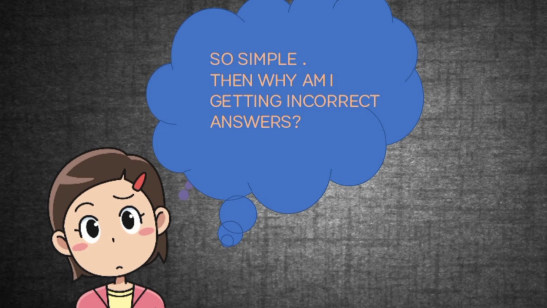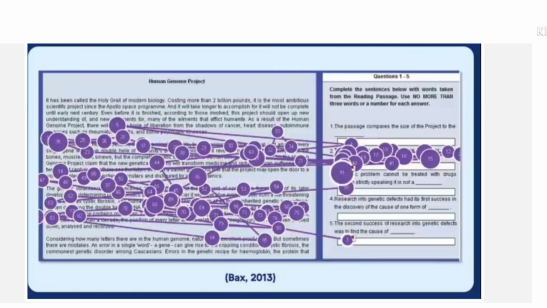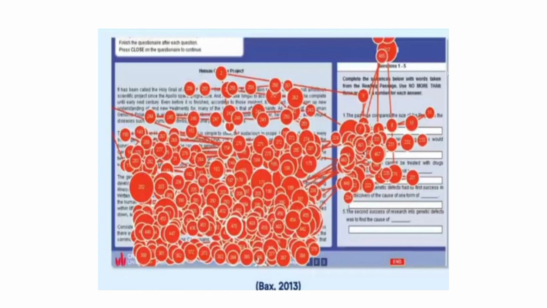If everything is so simple like this, then why am I getting wrong answers? Are you thinking like this? Then your problem is you will be searching for answers everywhere. Here in this slide, it's a demonstration which shows how an efficient reader reads during the exam. But if we see the next slide, we can see a person who is not that efficient in reading.